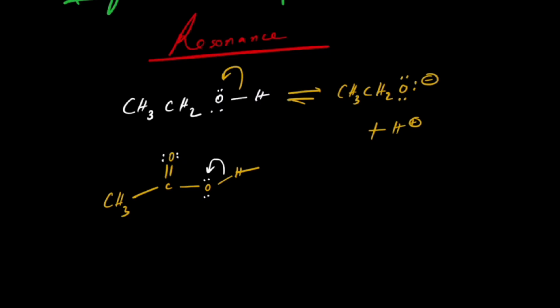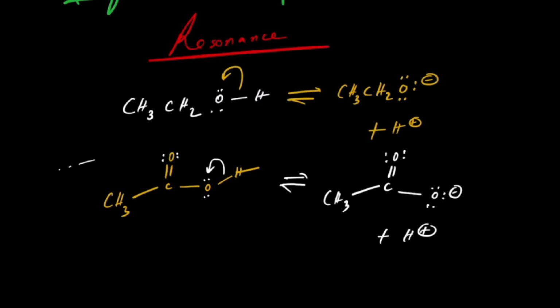This bond pair will become lone pair now. And what do you have? CH3, C double bond O, and then here O has negative charge plus H plus. Now acetic acid is also acting like an acid. The name itself is acid, acetic acid.